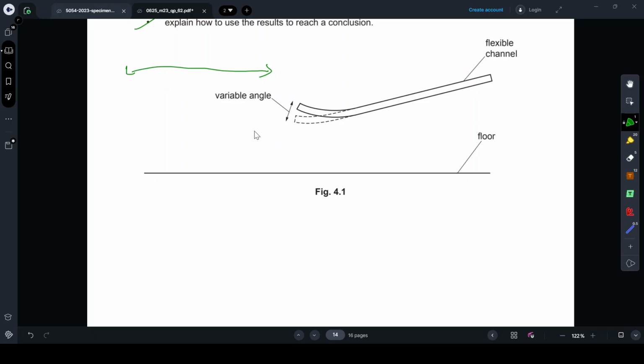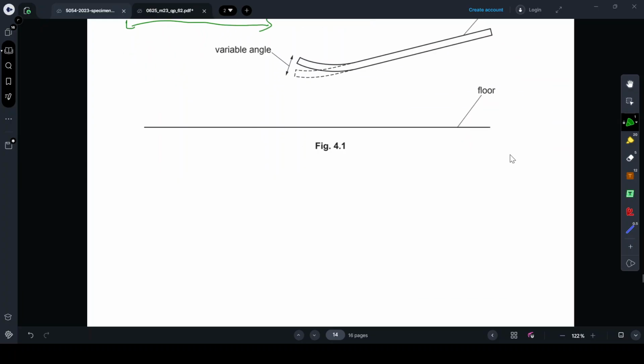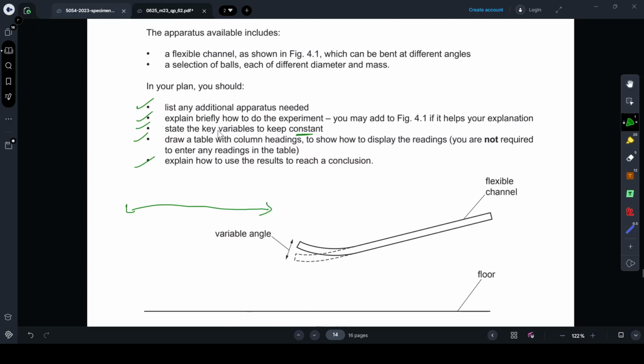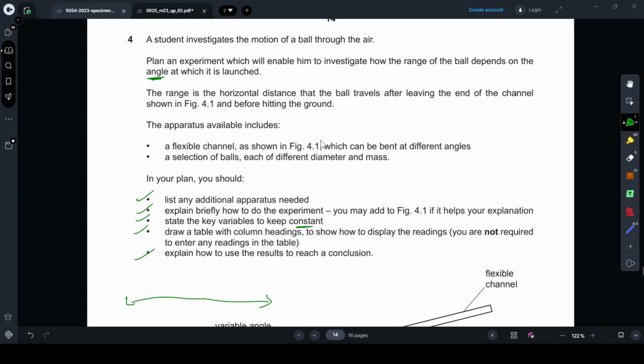Let's do this. Okay, so what's the table going to be like? Obviously, rows and columns. And so the heading, the first thing that you get is the independent variable. So what are you varying over here? You're varying the angle, right? So the angle of launch.